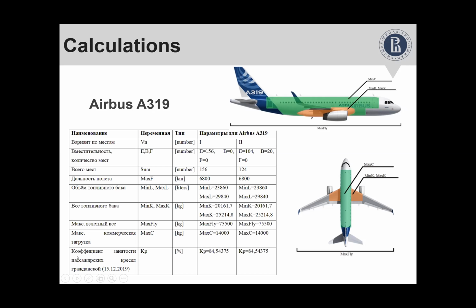And this is the coefficient of seats, which changes each month, because this coefficient is always submitted by an organization in the country which works with statistics and calculates how many seats were empty, and they provide this coefficient for each month.